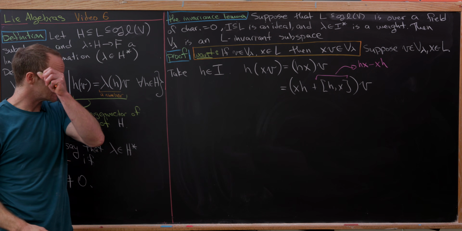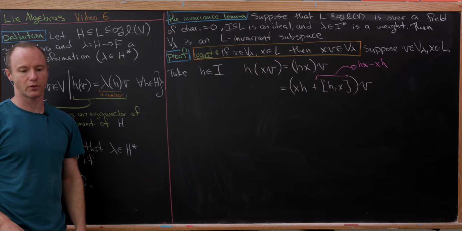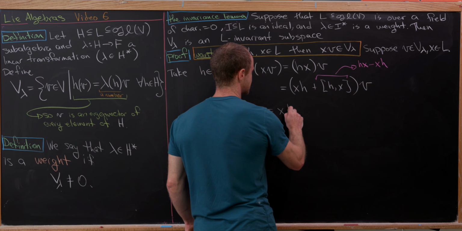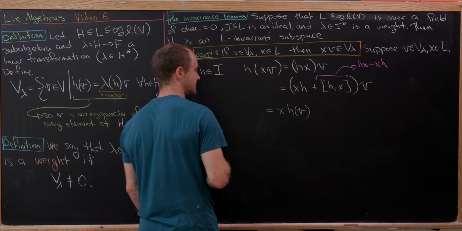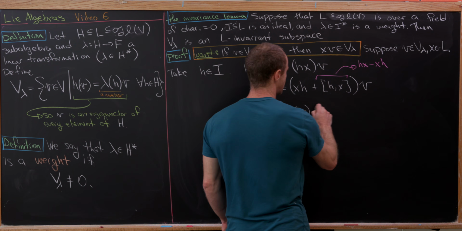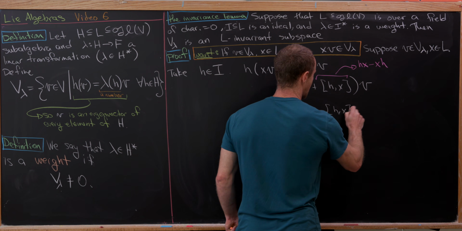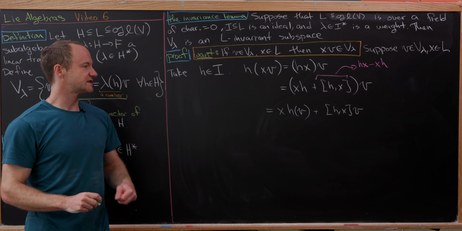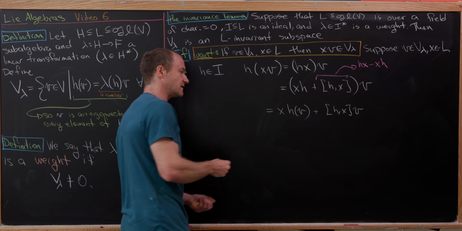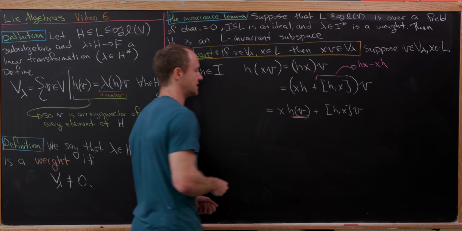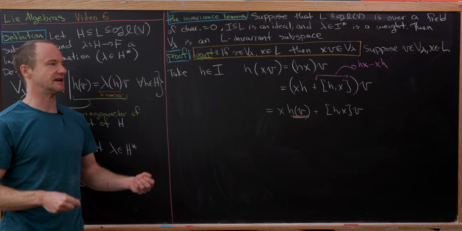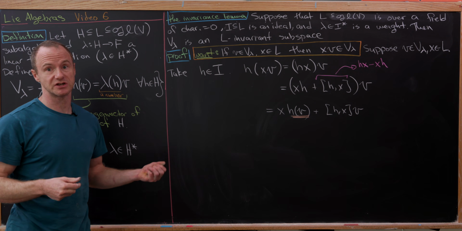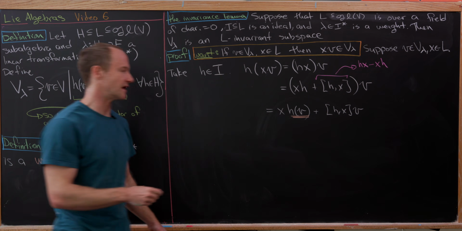But since we're inside of a Lie algebra, this bracket is an important thing to look at. But now let's expand this out, and we have X applied to H, which has been evaluated at V, plus we've got this HX evaluated at V. So something like that. But since V is inside of V lambda and H is inside of the ideal I, well, we can use the definition of V lambda to simplify that bit right there.